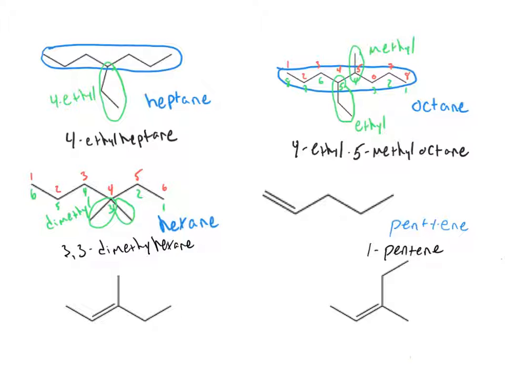In our last two examples, we're going to see that we have the same number of carbons in our main chain. In this one, we have 1, 2, 3, 4, 5 carbons in our main chain that contains our double bond.